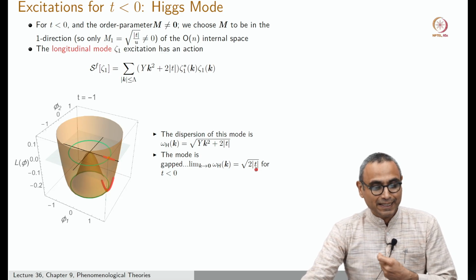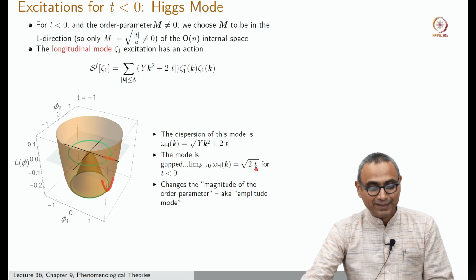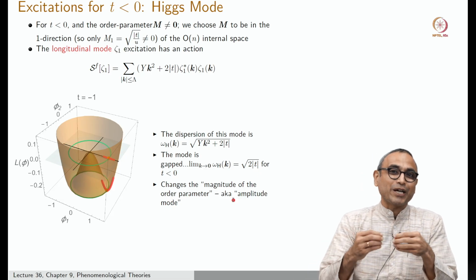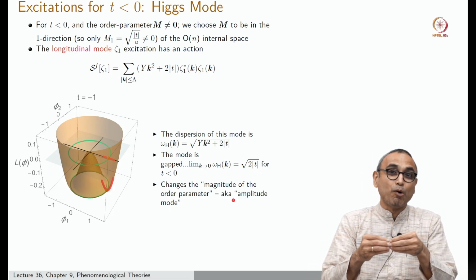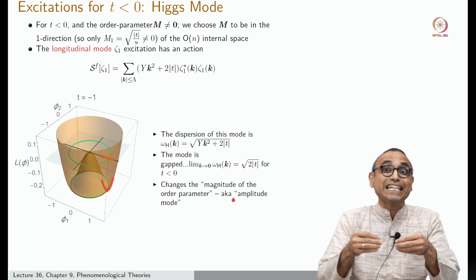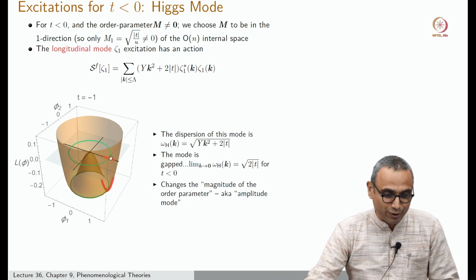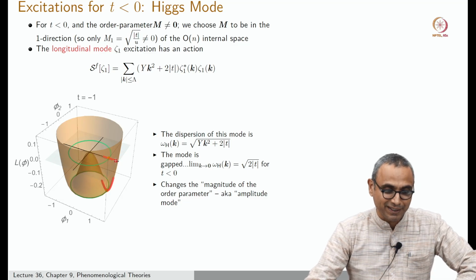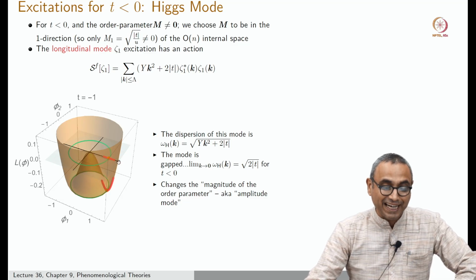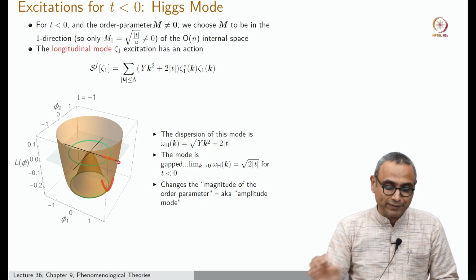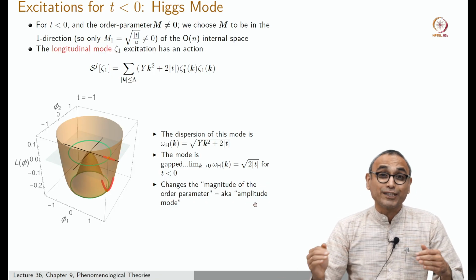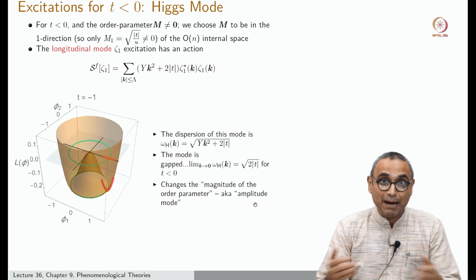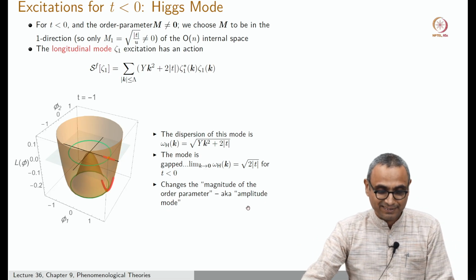You can think of it as the mode that changes the magnitude of the order parameter. One direction has been picked to be the direction of the order parameter, so if I fluctuate around that, I am changing the magnitude of the order parameter. So, it is also called the amplitude mode, the amplitude of the order parameter.